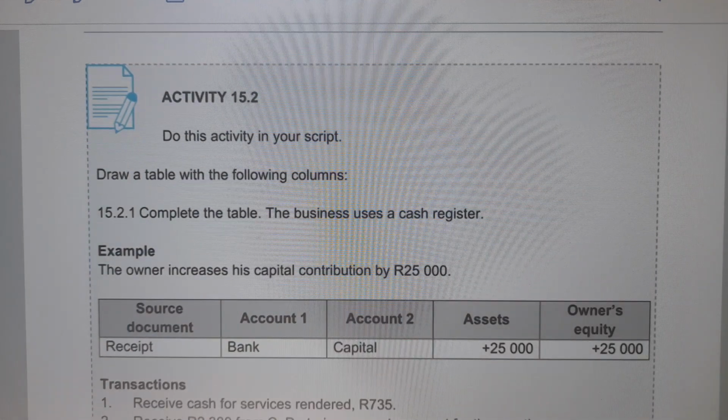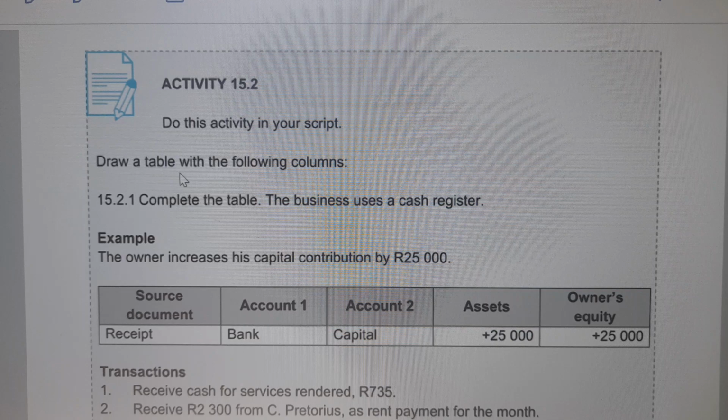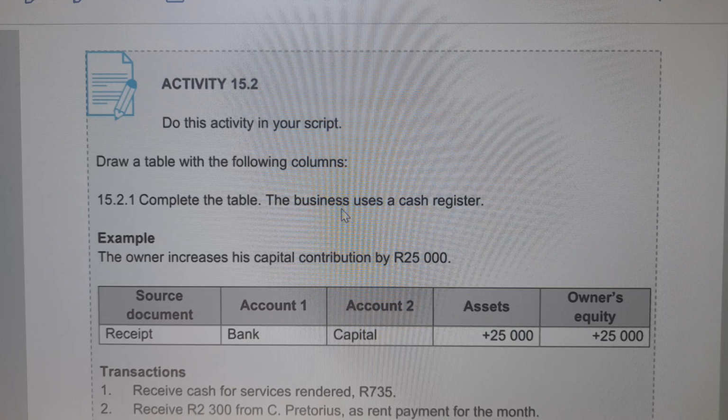Okay, so now we will go to activity number 15.2, and they say draw a table with the following columns and complete the table. The business uses a cash register. So we have the example here. They say the owner increases his capital contribution by 25,000.